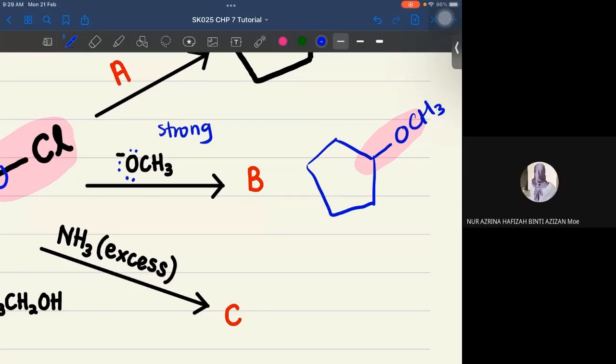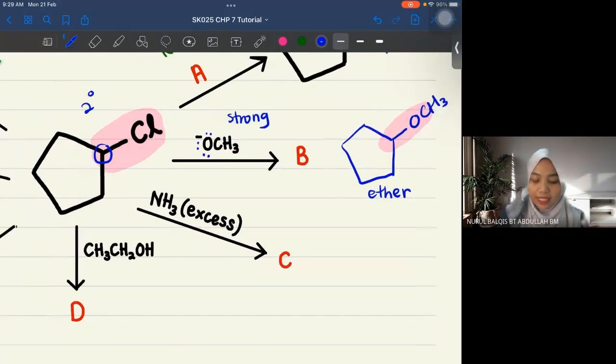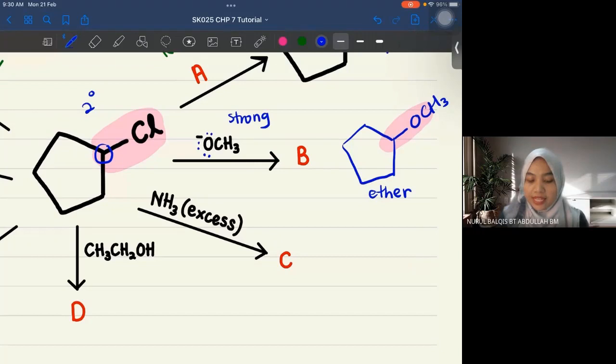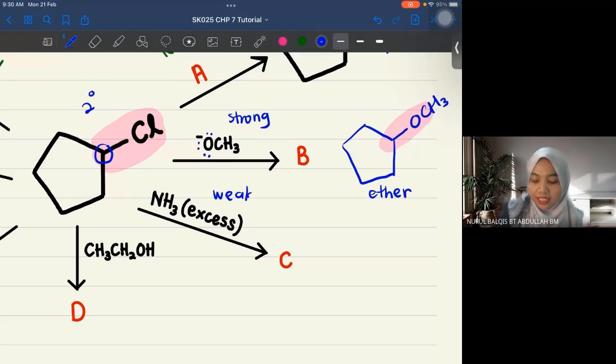Yes, we have ether in here. Okay, next one. Kita ada this secondary alkyl halide to react with NH3 in excess. This NH3 in excess, they belongs to weak or strong nucleophile? Weak. Weak nucleophile.